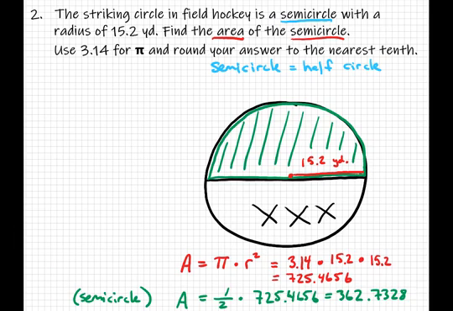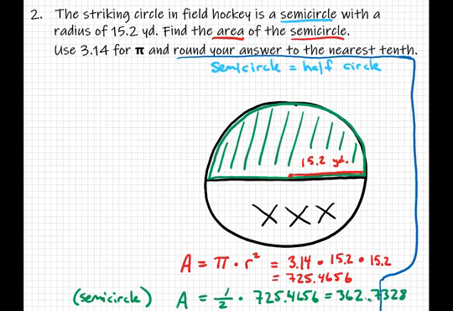Now the directions say round your answer to the nearest tenth. So let's bring this down, and we're rounding to the nearest tenth, so that means we're keeping one decimal place.